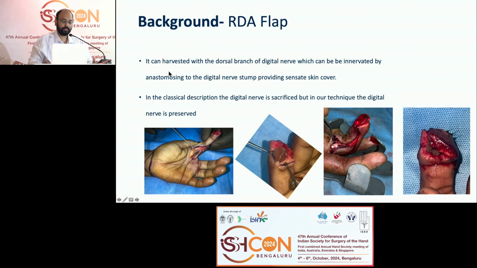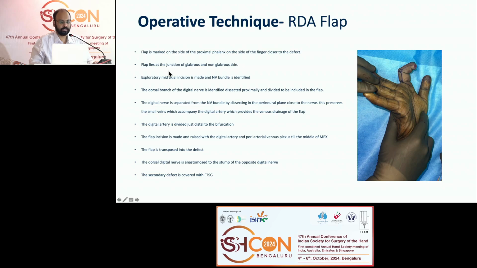It can be harvested along with the dorsal branch of the digital nerve, which can be anastomosed to the digital nerve stump, providing a sensate skin cover. In the classical description, the digital nerve is sacrificed, but in our technique, we make sure that the digital nerve is preserved.